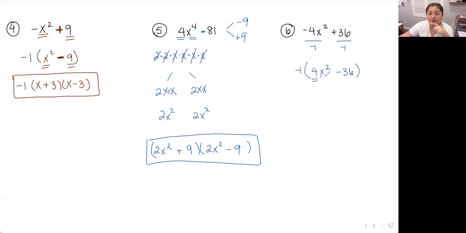The 4 is a perfect square, the x squared, and the 36. So then what I'm going to do is factor this difference of two squares. I'm going to have one set of parentheses here, one set of parentheses here. I know that 4x squared is going to be just 2x and 2x. And I know that 36 is 6 and -6. So positive 6, -6.